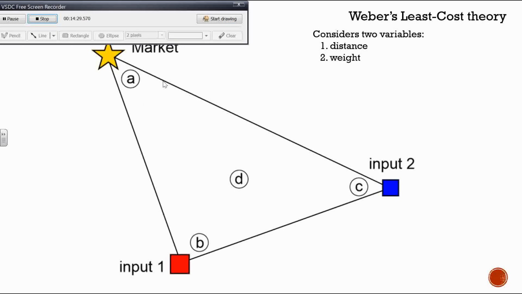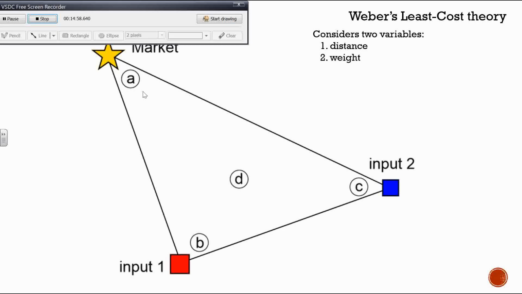I mean, obviously, you need to have empty cans too, or bottles. And when things are empty and don't have water in them, they weigh less. So if you are a bottler, you don't want to produce the good around point B or point C and then transfer it all the way to point A where you're selling it in the market. You have to pay all these extra transport costs, the weight of those filled bottles, etc.